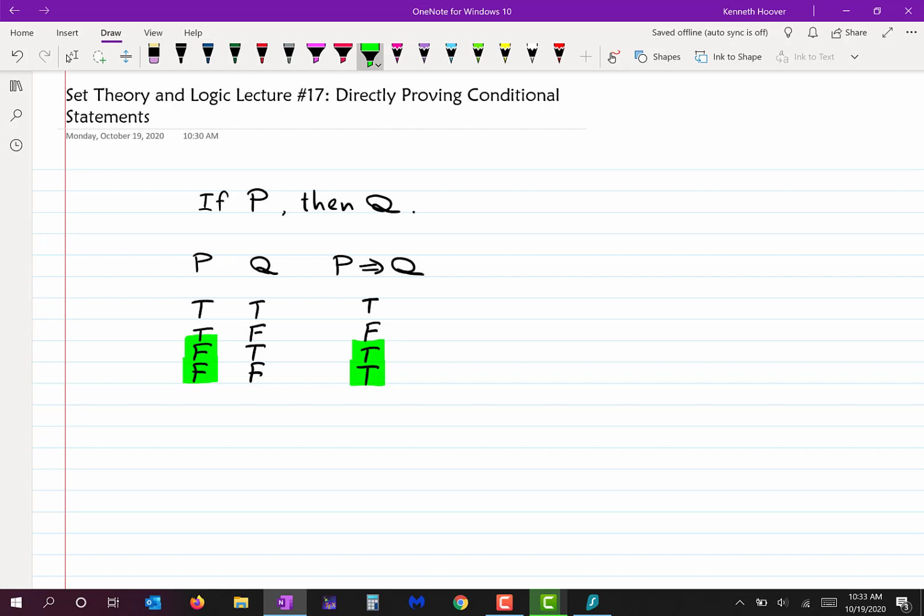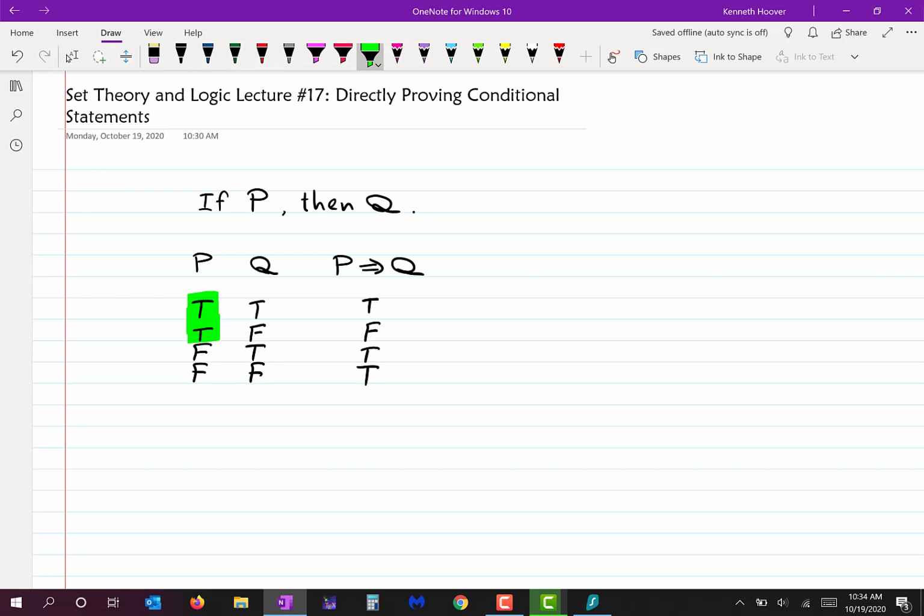So if you're trying to show that P implies Q is a true statement, then you don't have to worry about when P is false, because if P is false, then the statement is automatically true. You have no work to do. Okay, so when you're trying to prove that P implies Q is a true statement, then you only have to consider the possibilities when P is true.